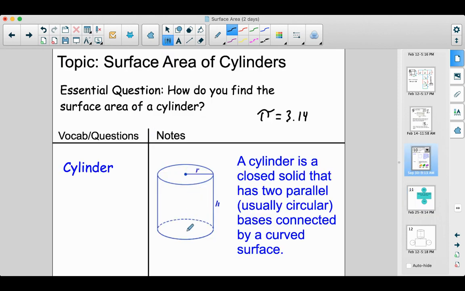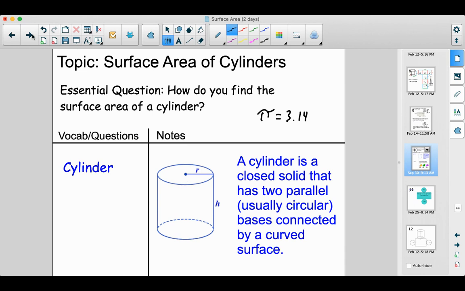If you think about cutting this down the side and unrolling it, hopefully you can see that the height of this rectangle is the height of the cylinder. The length of the rectangle goes from one end all the way around to the other end. If you unroll that, the length of the rectangle is the same as the perimeter, or circumference, of the circle.